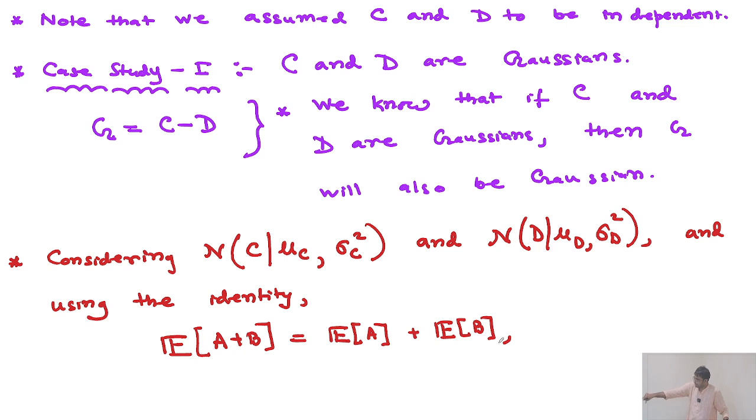So using this property and using the data from the Gaussian distribution, we know that expectation of G, which is mu of G, is equal to, we obtain, mu of G is equal to mu of C minus mu of D. Okay, that is what we obtain.